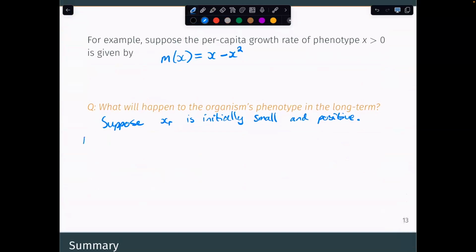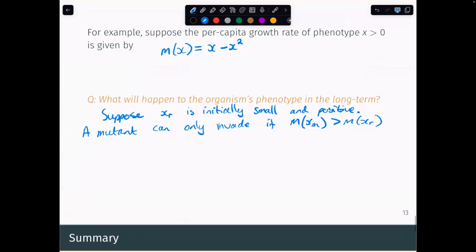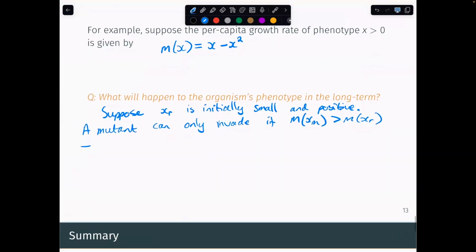So a mutant can only invade if M of XM, the per capita growth rate of the phenotype XM, is greater than M of XR. So if the per capita growth rate of our mutant is greater than the per capita growth rate of the resident. So in the long term, what might we expect?